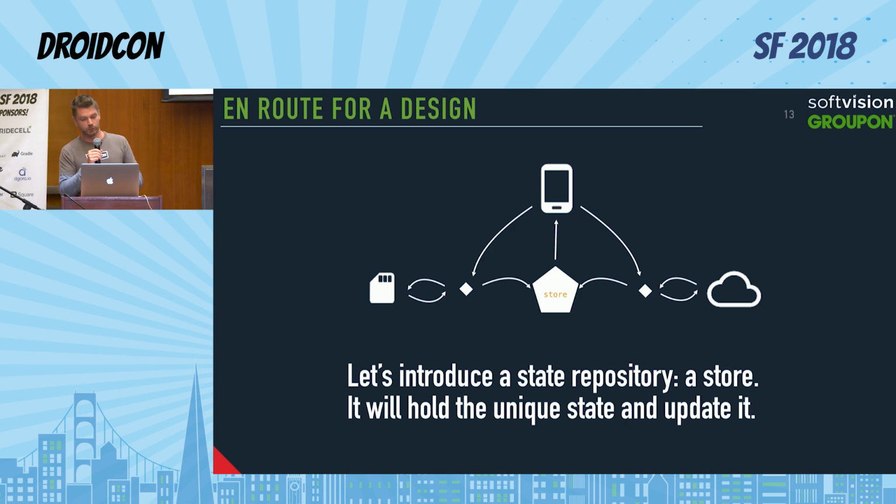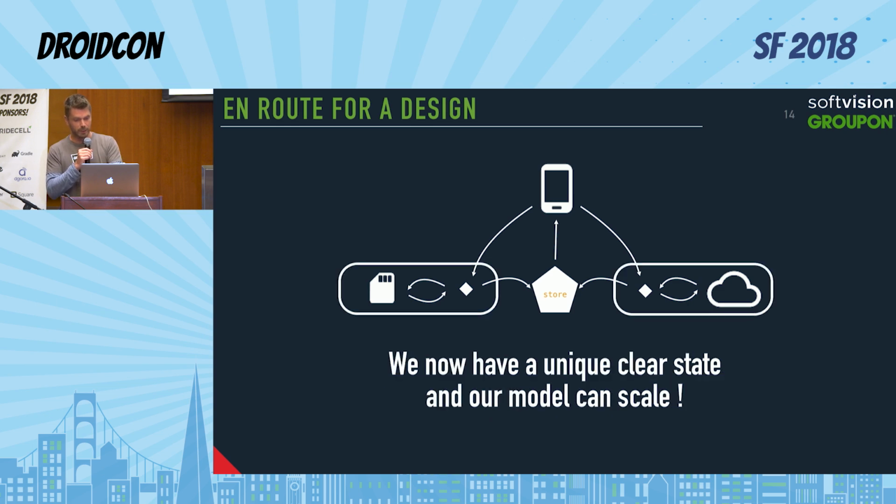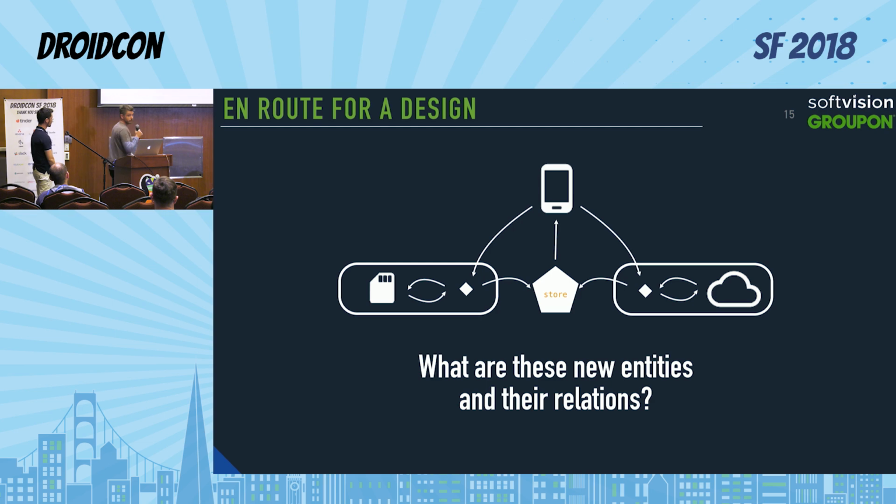The responsibility of the store is going to be to hold the state, but also to update it and to notify other parts of the UI that the state has changed. So now we have a unique clear state, and our model can scale because we can add more operations and they will just work in the same way as these first two. I'm going to let Alin explain what the entities on these diagrams are, and their relations.